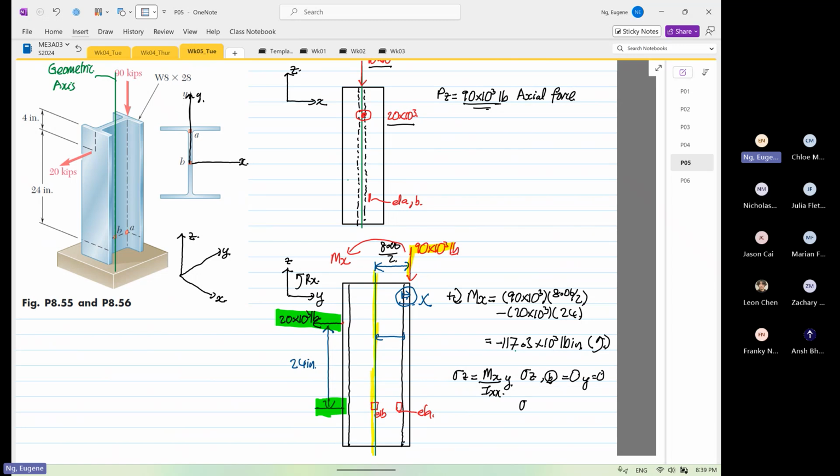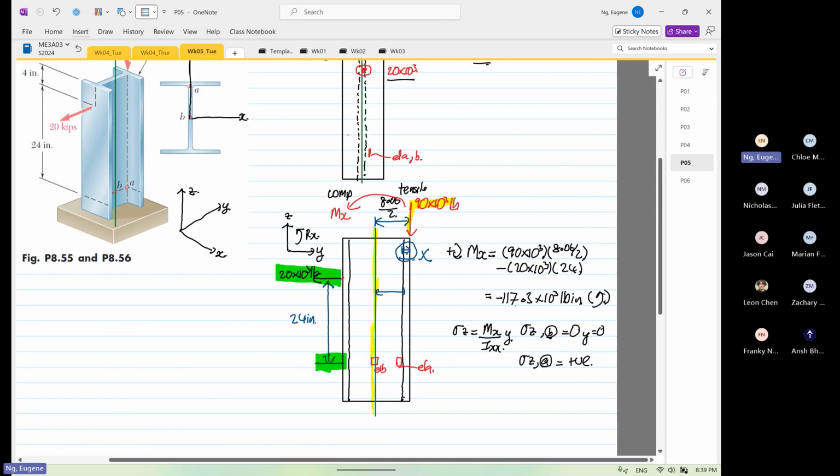Whereas at element A, this is compression, this is tensile, so it's going to be positive. Are we clear?